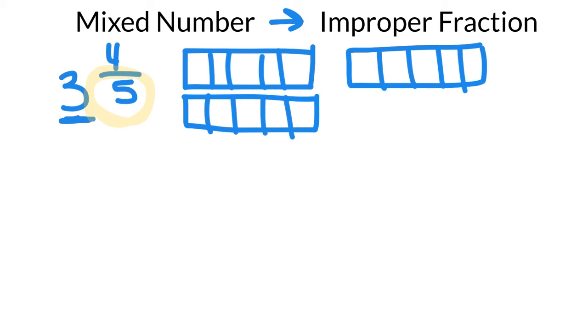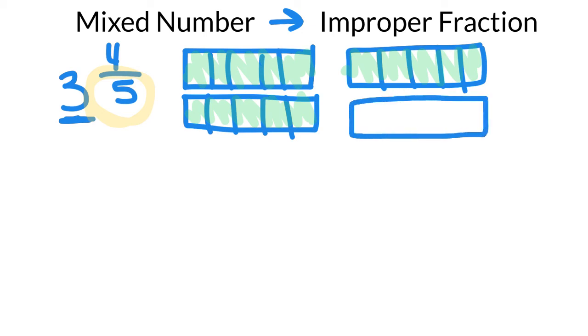And since I had 3 wholes, I'm going to color in all of them because it was the whole 3 times. I've drawn my 3 wholes. Now I need to draw out my 4/5 as well. So I'm going to do one more bar divided into fifths. And now I need to color in 4/5. So 1, 2, 3, 4.